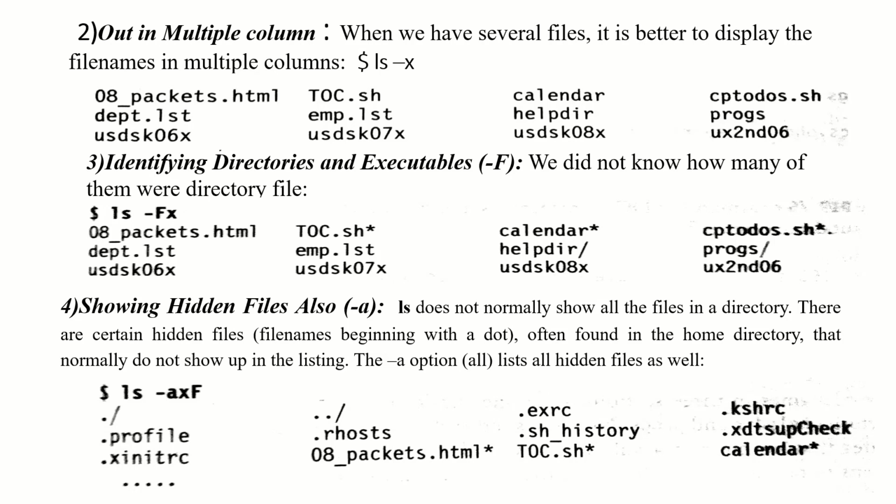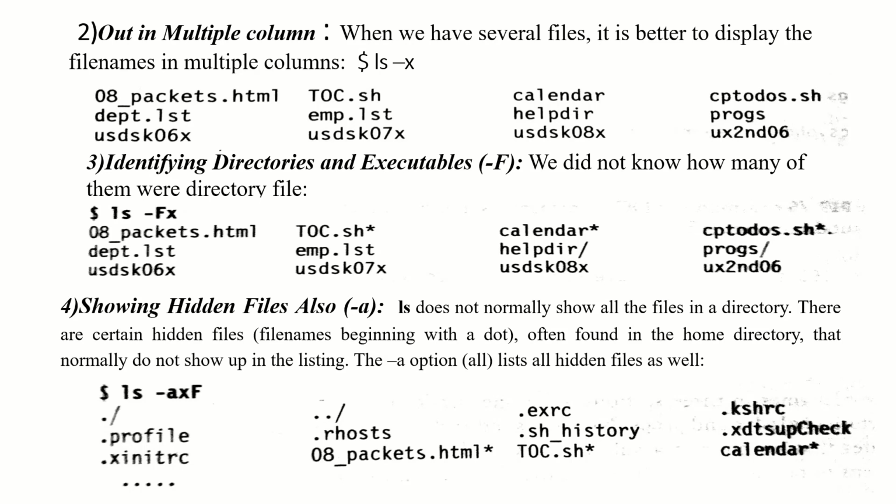And next one is -a, which shows hidden files. ls does not normally show all the files in directories. There are certain hidden files often found in some directories that normally do not show up in the listing.